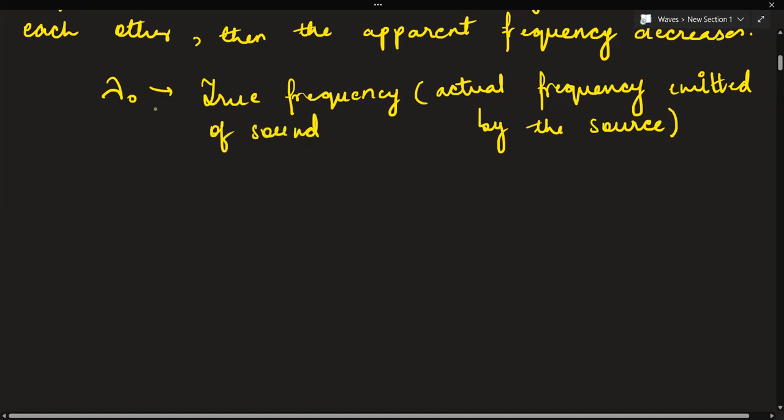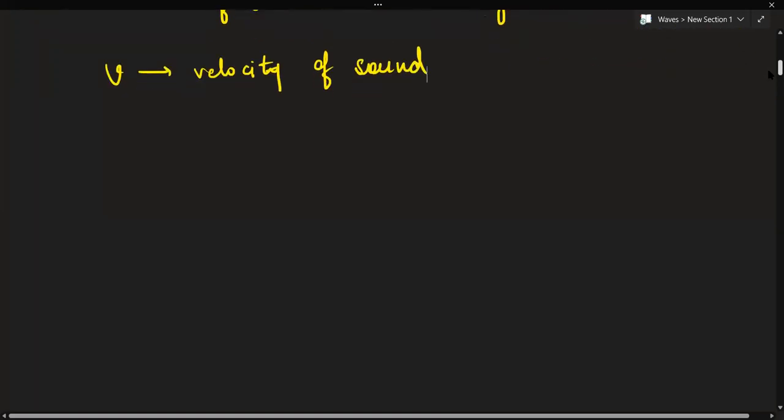So it is represented by nu naught. Then we have V, the velocity of sound, speed of sound. Then we have V naught, the velocity of the observer. If the observer is at rest, you can take the velocity of the observer as 0.